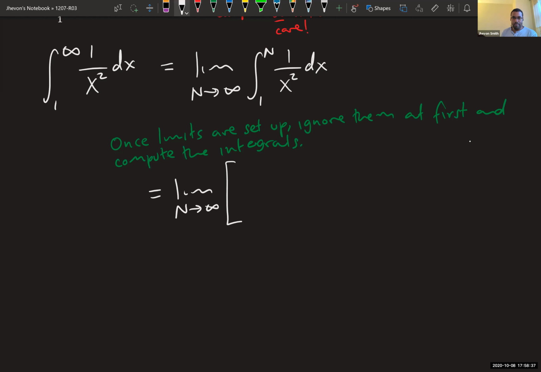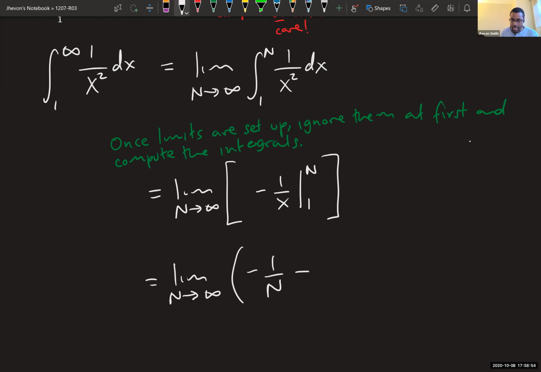The integral is negative 1 over x, evaluated between 1 and n. Now n is just some number I can plug in, so I plug in n into the x, minus, which becomes a plus, plug in 1 into the x. I apply the fundamental theorem of calculus, the whole shebang, worrying just about the integration part.